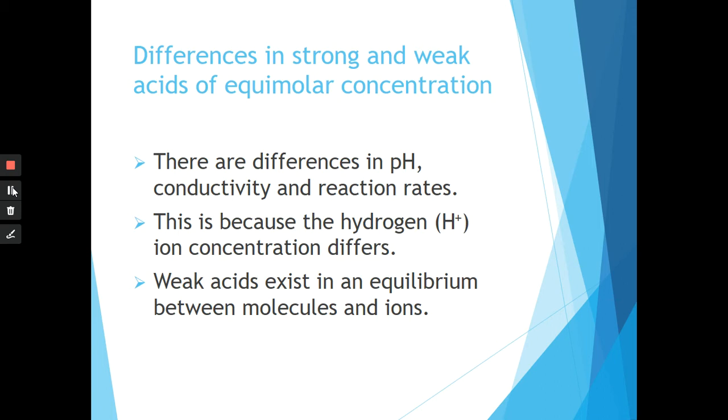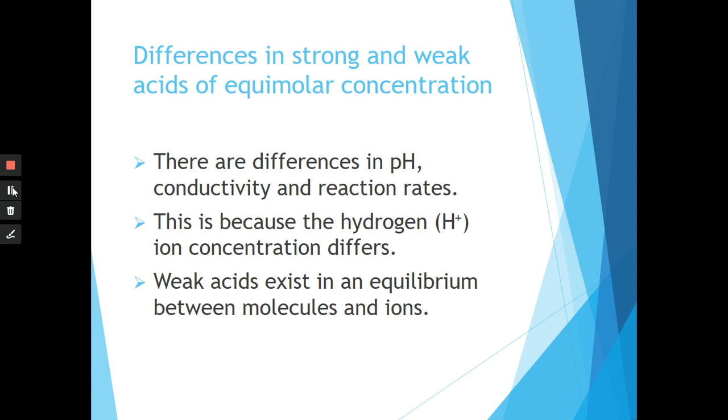If I'd used a different base, something like calcium carbonate, we'd be getting carbon dioxide gas produced as well as water, and we'd be able to see the bubbles of gas. For the hydrochloric acid, these bubbles of gas will form far faster and the reaction will finish faster.